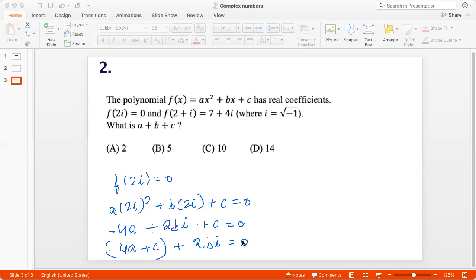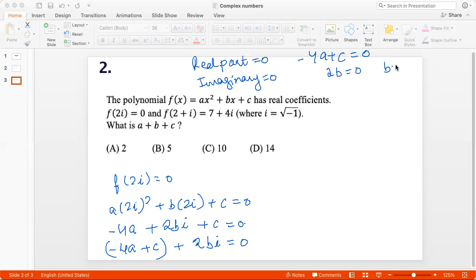Now, when a complex number is 0, it means that the real part is 0 and the imaginary part is also 0, which means that minus 4a plus c is 0 and 2b is 0, which tells me that b is 0. So I already know the value of b. Let's use the other equation.